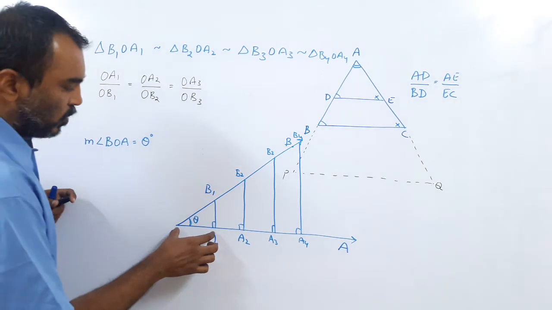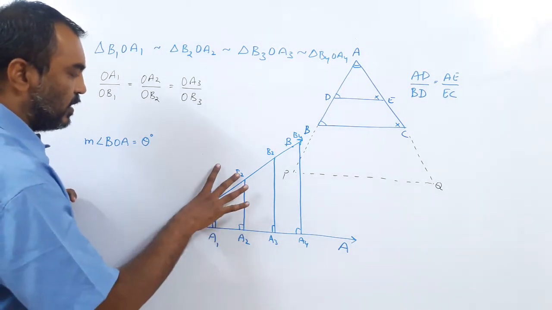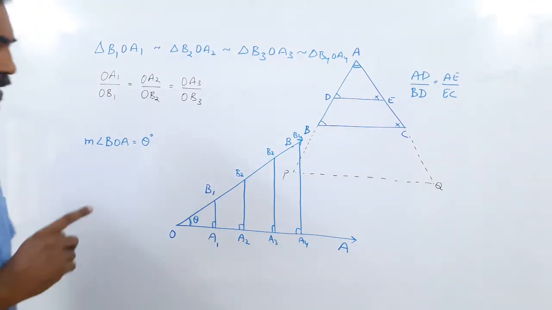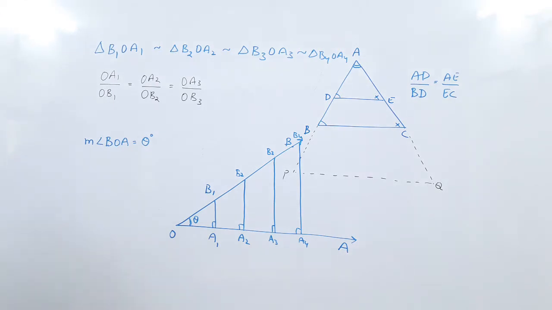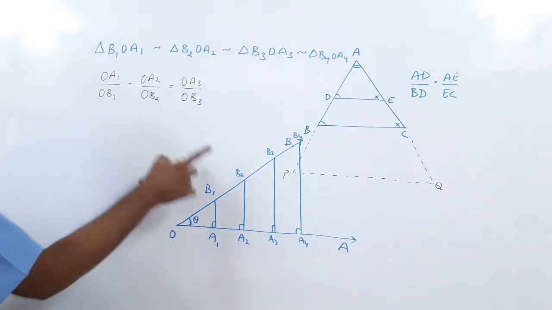The ratio of this side and this side is equal to the ratio of this side and this side, this side and this side. It goes on and on. So here what I have specifically taken. Okay. Now we come to some other thing, but I hope you followed here what I have done.